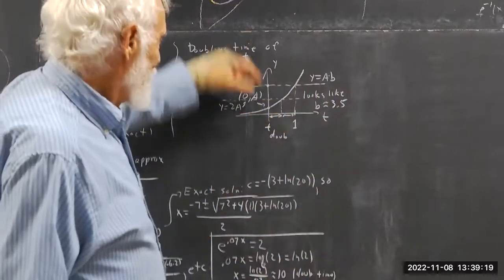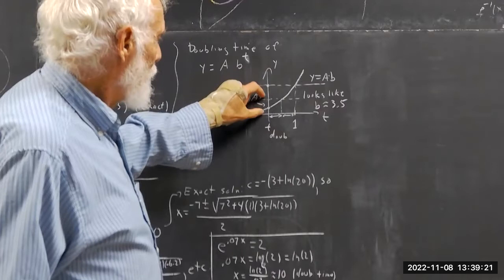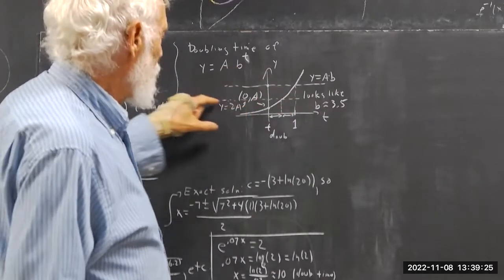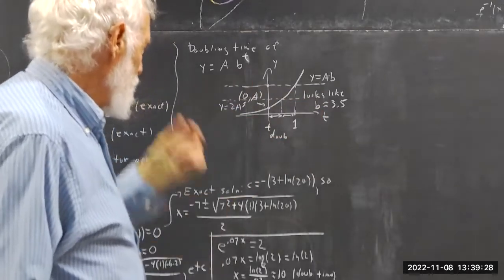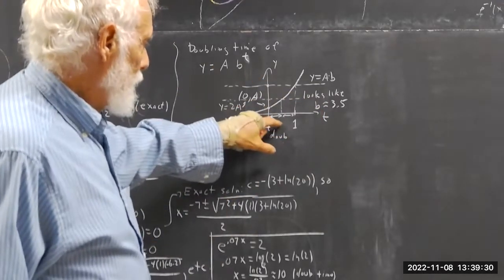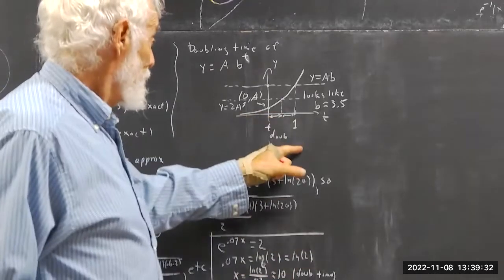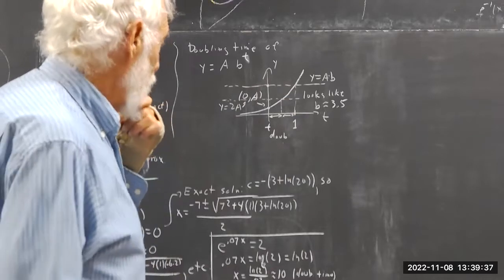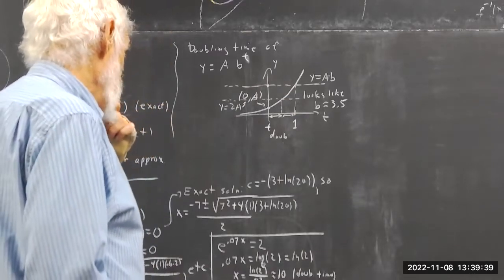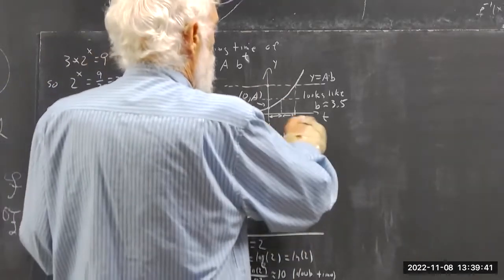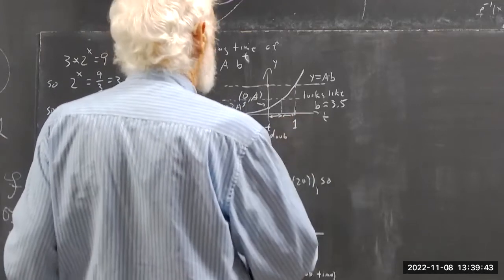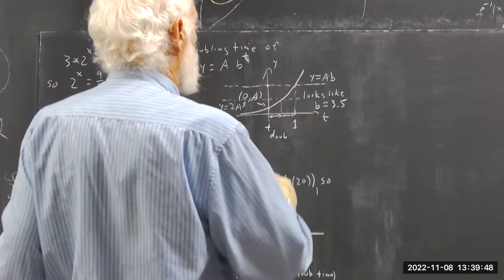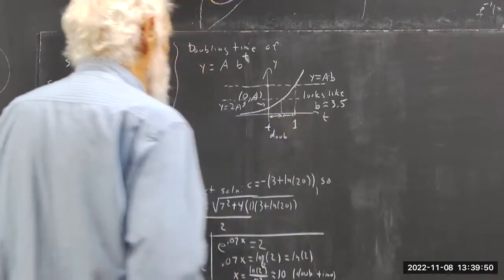So if you think that's a doubling, then you think this is a doubling, and the y equals 2a line might be a little high, but we get the idea. So maybe 2 doublings gets us up to here. If b is 3.5, then actually the doubling time would be a little longer, so it'd be a little past 1. It takes a little more than a doubling. We're not going to worry about that.